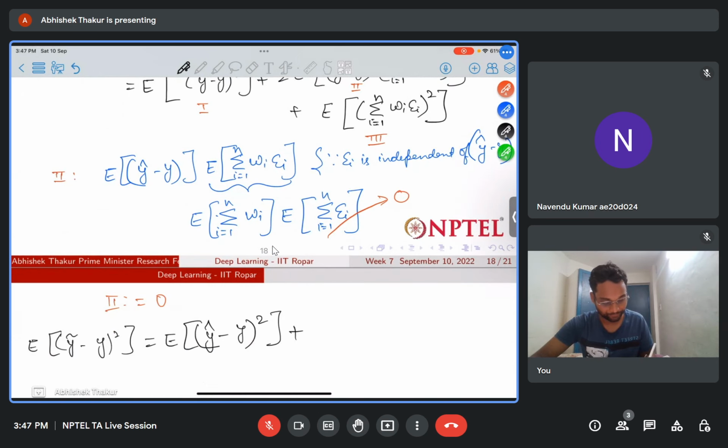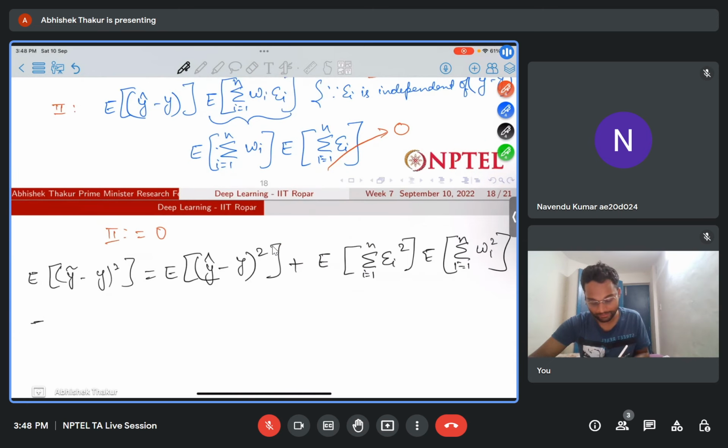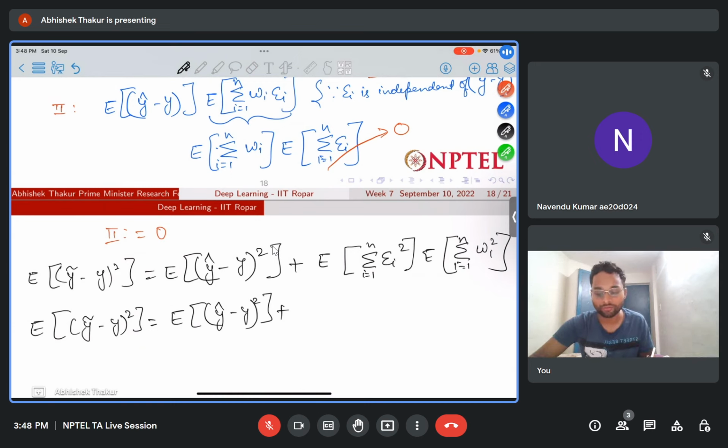In this case, it will become the expectation of the summation of ei squared into the summation from i equal to 1 to n of wi squared. So we can write the mean square error loss as this term, where the expectation of ei squared is the variance of noise, so that will become sigma squared into the summation from i equal to 1 to n of wi squared.